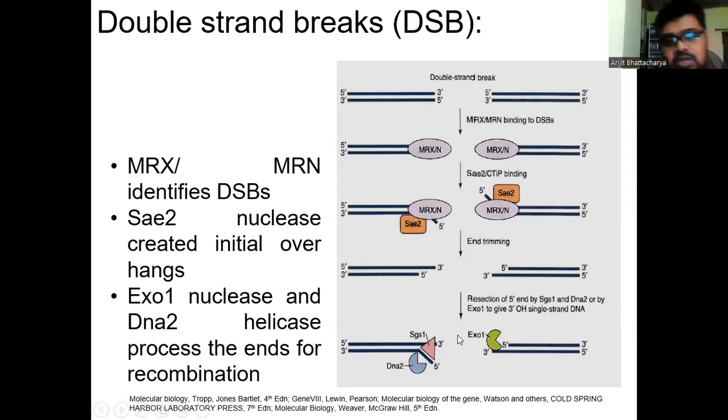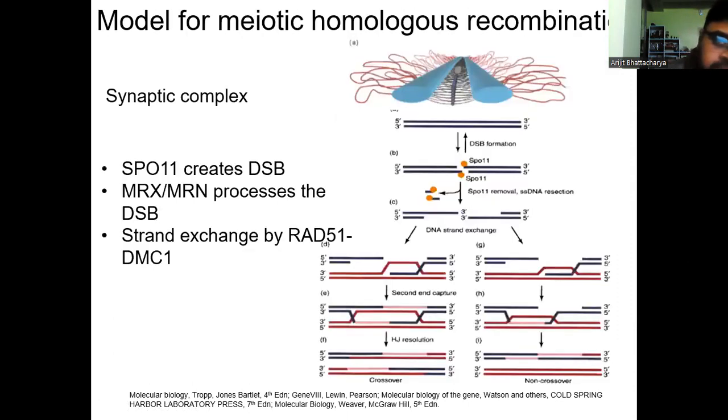Subsequently there can be some processing or resection of these 3' overhangs to finally form invading strands, with some helicase like Dna2, which can really start formation of single strands from these double-strand breaks. So these are the components that are involved in initiating double-strand break repair.